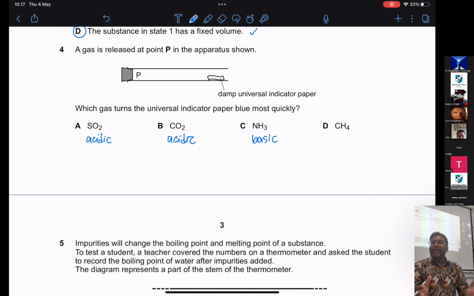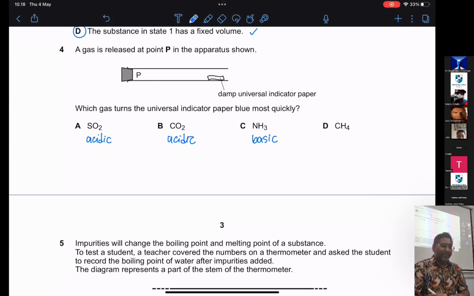Just remember, blue means alkali, red means acid. So we want to see the indicator change into blue. It means it must be alkali. Which of these following gases are going to be alkali?